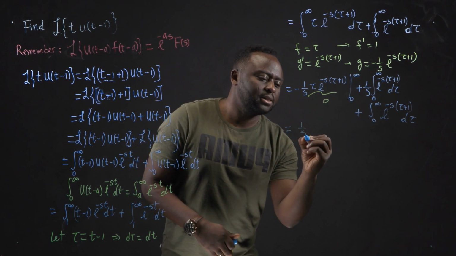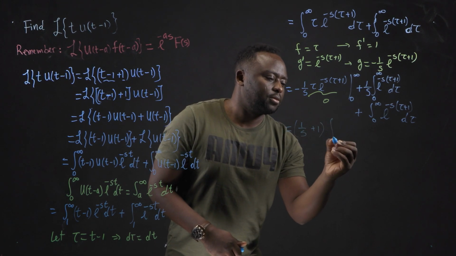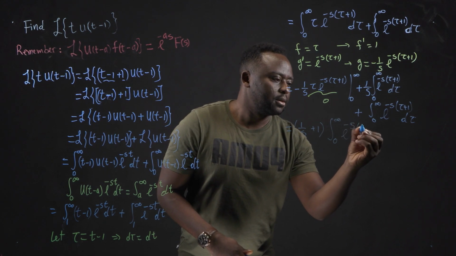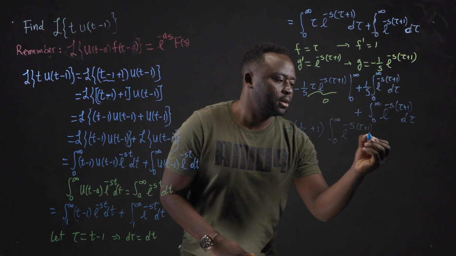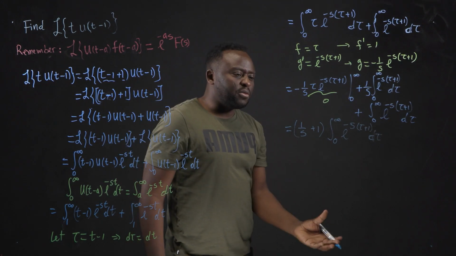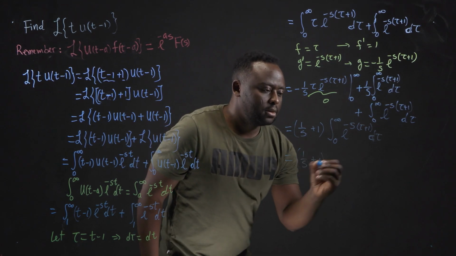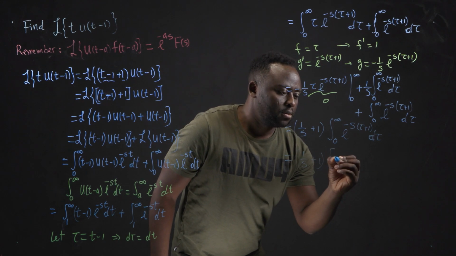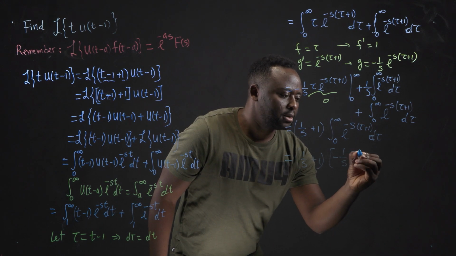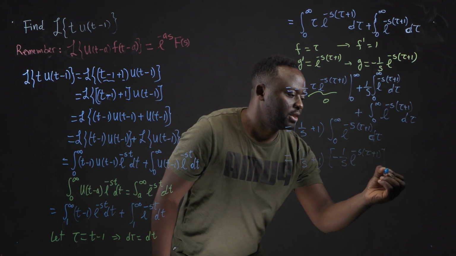All right, so if you agree that this part is 0, then we only remain with this: 1 over s plus 1 times the integral from 0 to infinity of e to the power minus s times tau plus 1, d tau. This is straightforward. The integral of this is minus 1 over s times e to the power minus s times tau plus 1, from 0 to infinity.